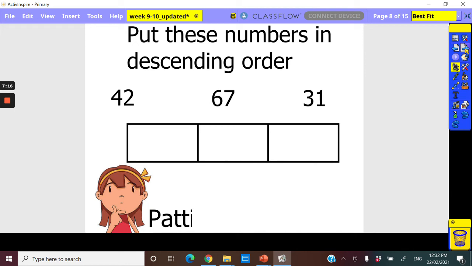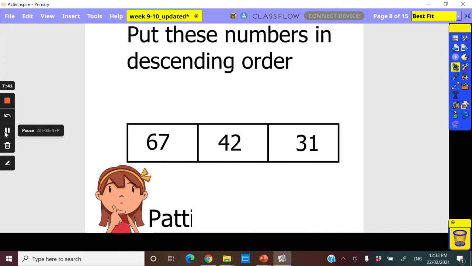Okay, put these numbers in descending order. That means biggest number is first to smallest. Biggest to smallest. Put those numbers on the piece of paper in front of you in descending order. Press pause now and press play when you're ready to check your answer.